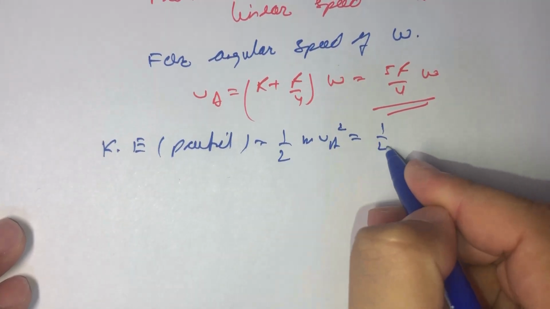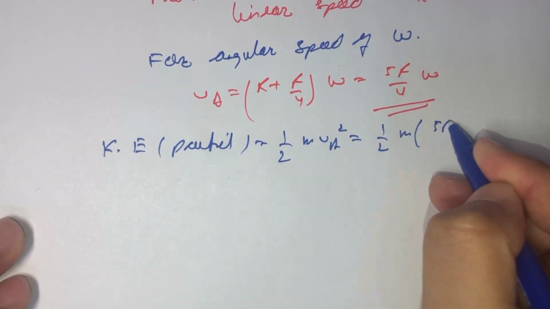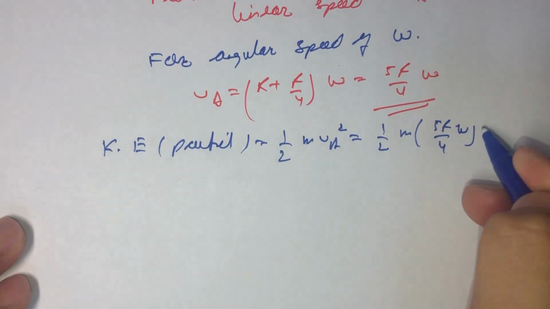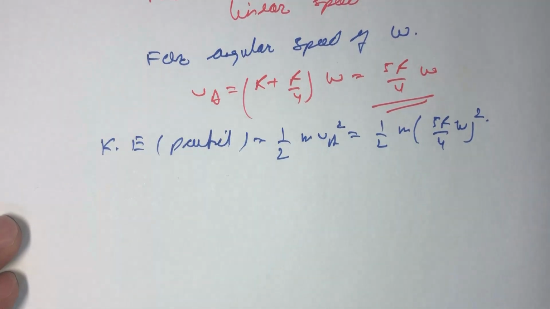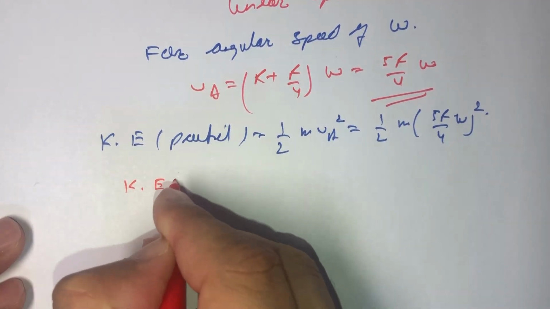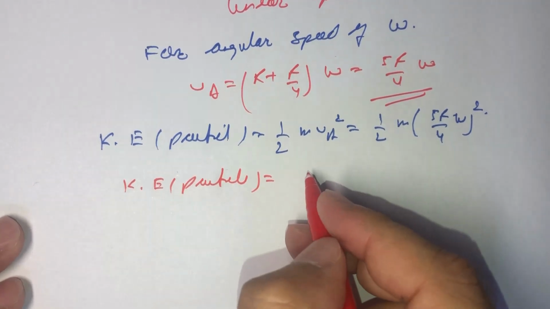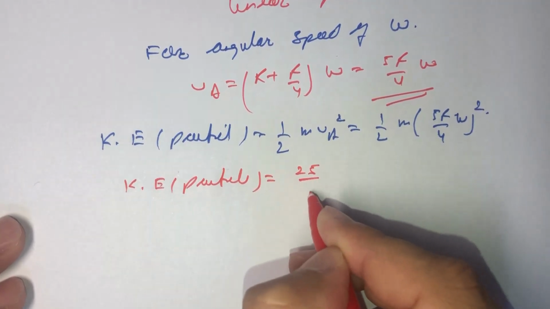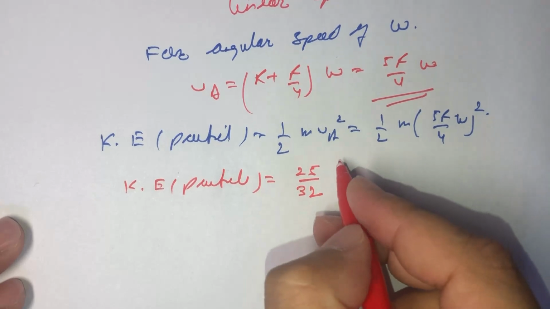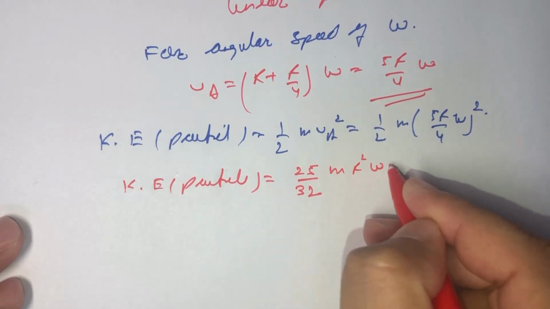So this becomes half m times VA, which we already know is 5r upon 4 into omega, squared. And this comes as the kinetic energy of the particle equal to 25 upon 32 m r square omega square.